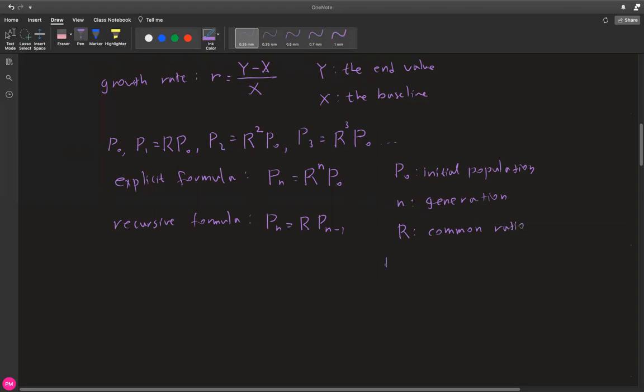Also R is defined as 1 plus the growth rate. One thing to note here is that if R is greater than 1, then it is increasing.